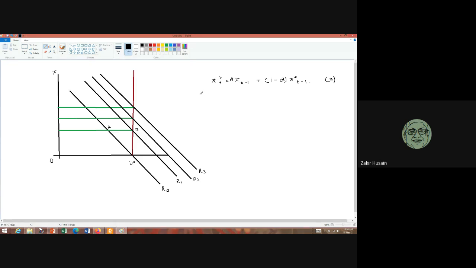Now, look at the initial point. Let's call it E. Over here, what is pi?